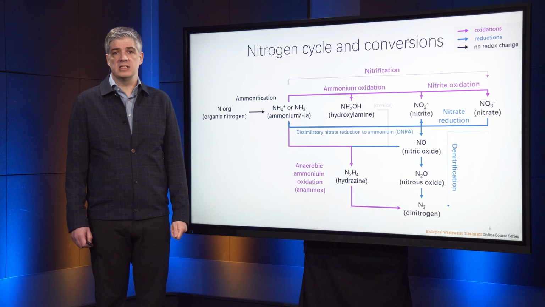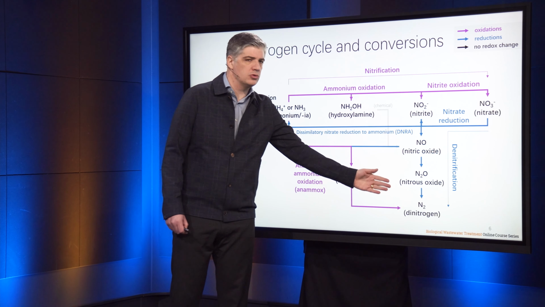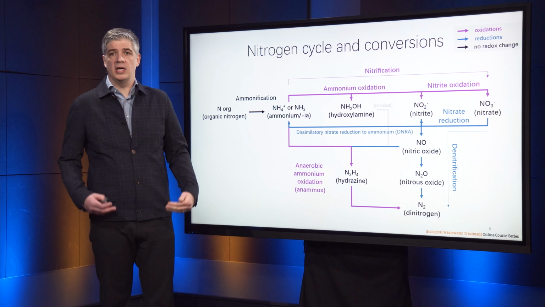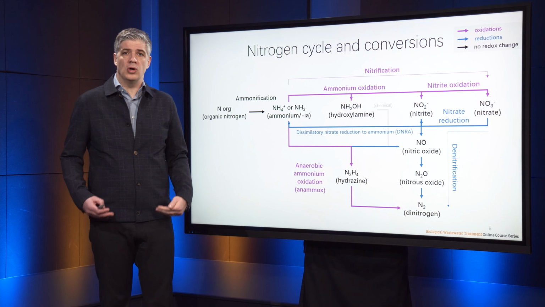In denitrification, in blue, nitrogen oxides are reduced sequentially from nitrate to nitrite to nitric oxide, nitrous oxide, and dinitrogen. Organic matter, or H2 or H2S, can serve as electron donors for the reduction of all these nitrogen oxides.